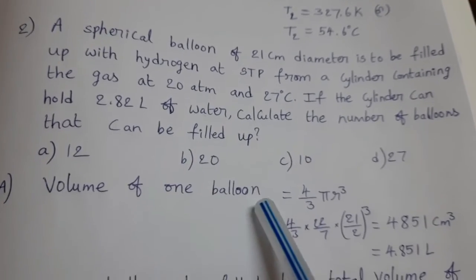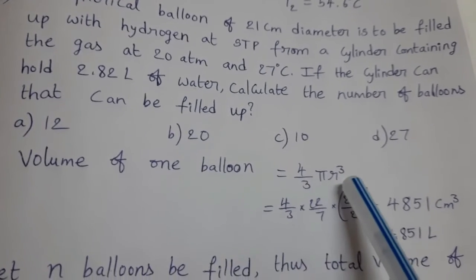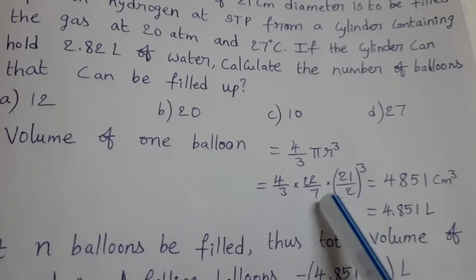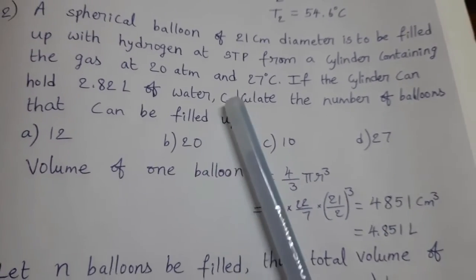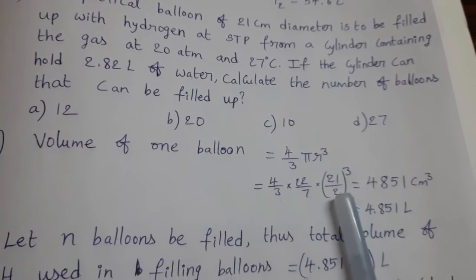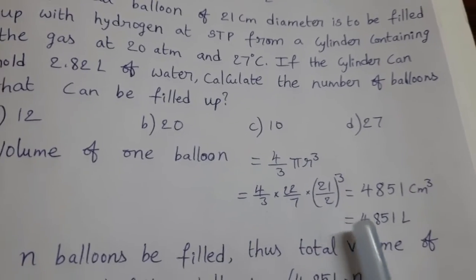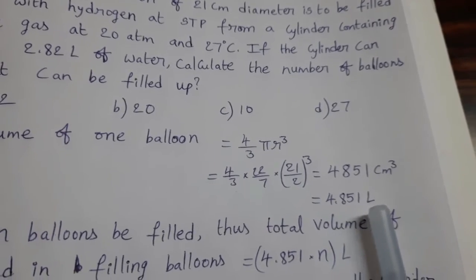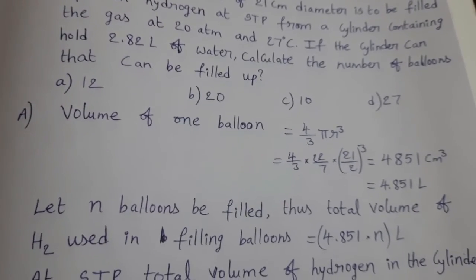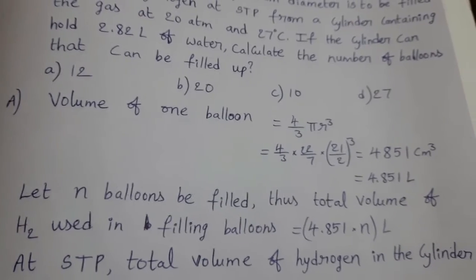So volume of one balloon equal to 4 by 3 pi r cube, 4 by 3 into 22 by 7 into radius. Here diameter is given 21, radius means 21 divided by 2, whole cube, that equal to 4.851 liters. Okay, this is volume of the balloon in liters.